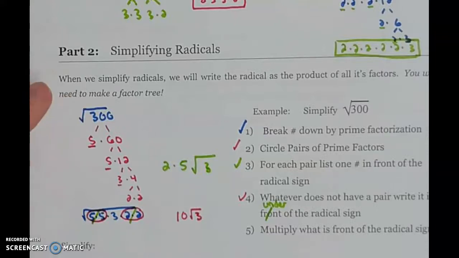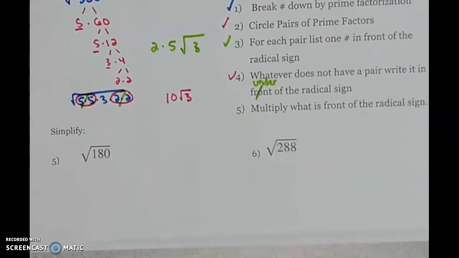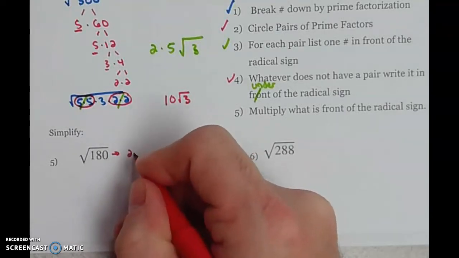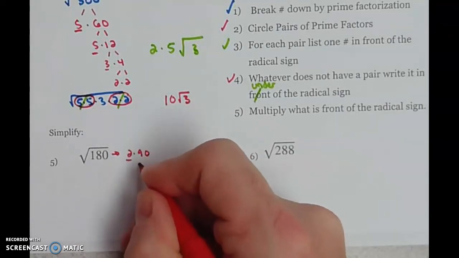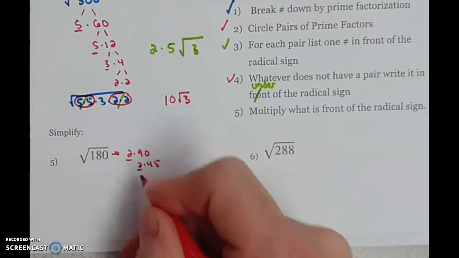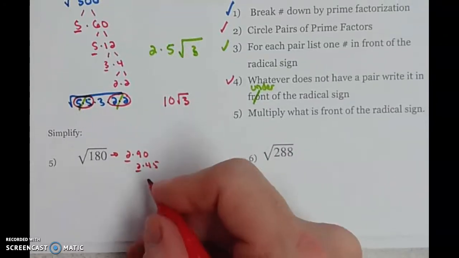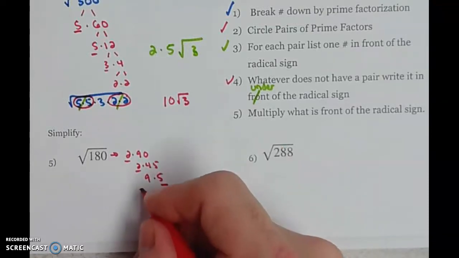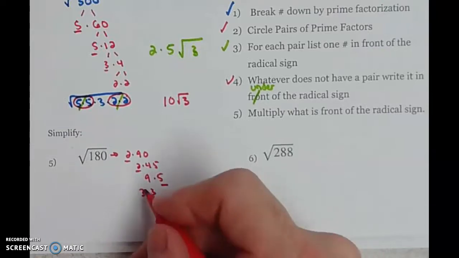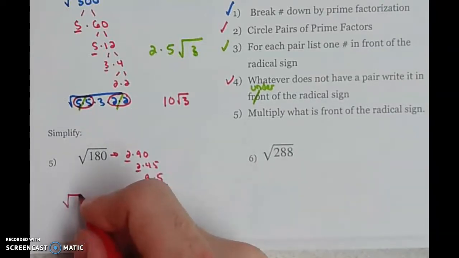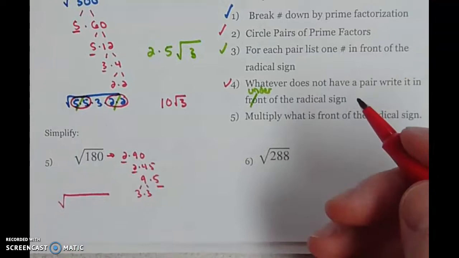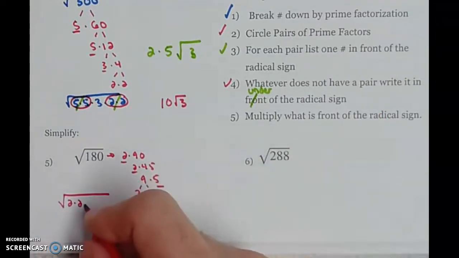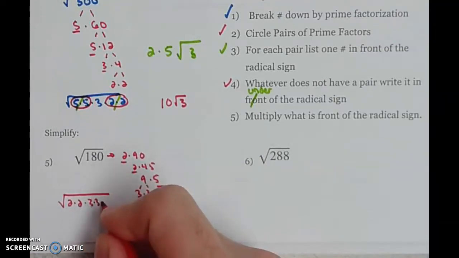Okay? Let's just look at number 5 for me. Same idea. We're going to break that 180 down. I got 2 times 90. 2 is a prime. 2 times 45. When I break down 45, I get 9 times 5. 5 is a prime. And then that 9 breaks down to be 3 times 3. Right now, underneath the radical sign, I have two 2's, two 3's, and a 5.